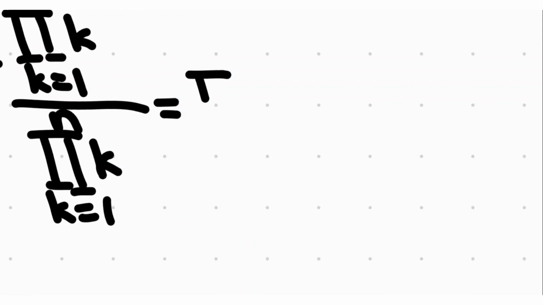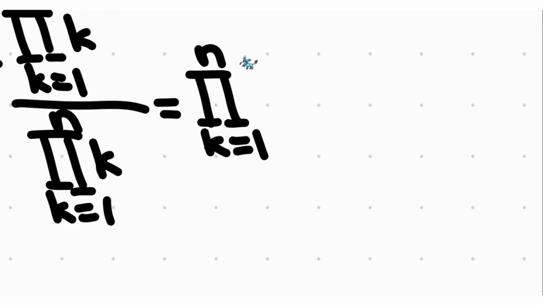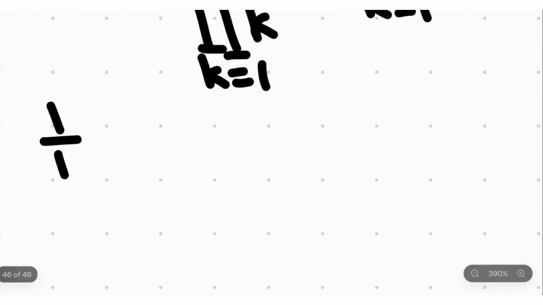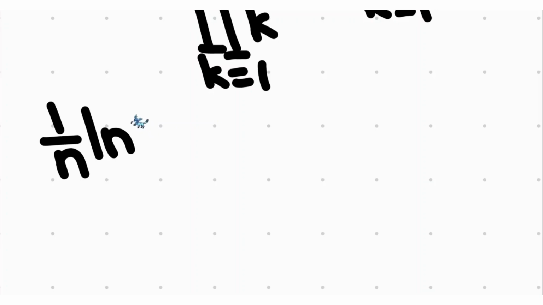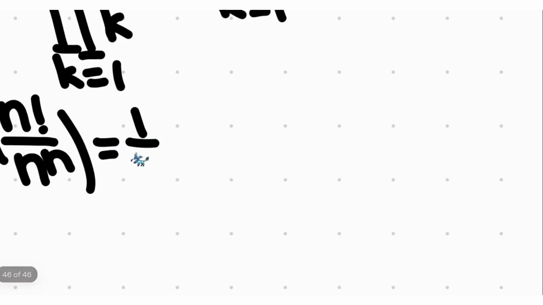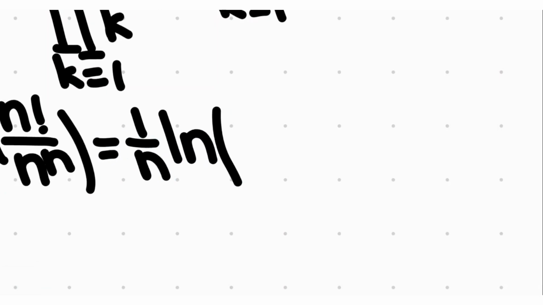And this is just equal to the product from k equals 1 to n of k over n. So 1 over n times the natural log of n factorial over n to the n is actually equal to 1 over n times the natural log of this product, k equals 1 to n of k over n.